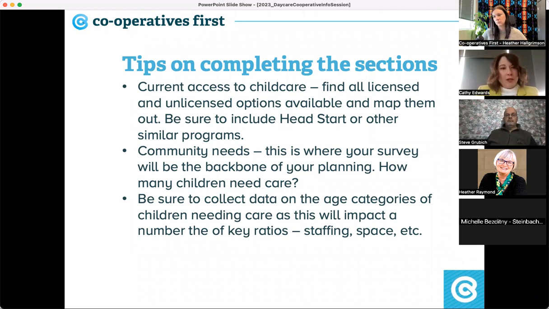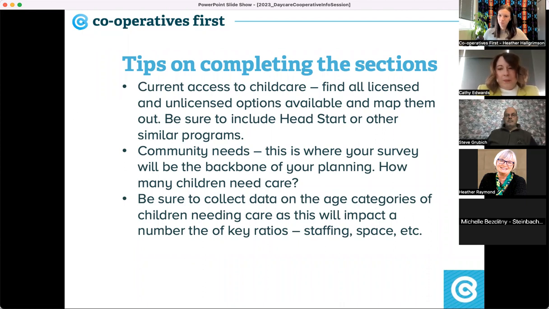So when we took the Maple Creek project, we actually altered the government survey and asked those specific questions to find out who in the community we were servicing. And that really helped bolster their application as well.